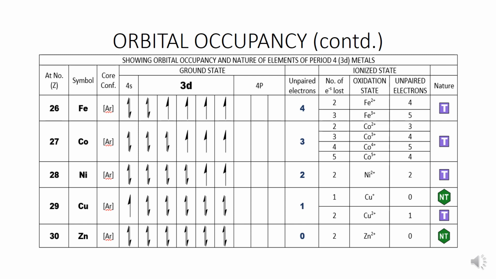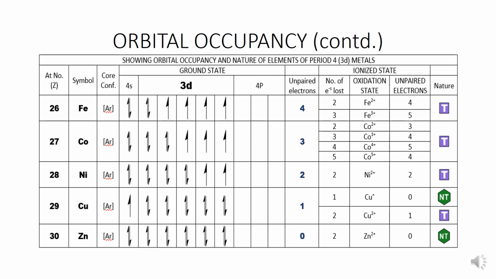But copper shows a peculiar electronic configuration of loading 1 electron into the 4s, and all the remaining 10 electrons are paired up in the 5 degenerate d orbitals. Therefore, copper reacts and combines with other elements in +1 and +2 state.